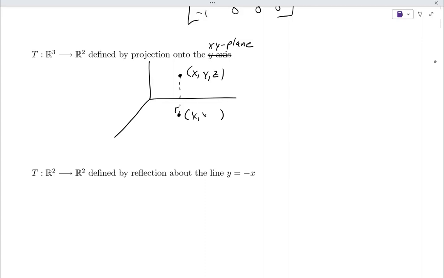X, Y, 0. Good, yep. So this would mean that your transformation would be x, y, 0. That's what it says to do, right? Project onto the xy plane means drop it straight down. Can we figure out what the matrix is here? What size will it have, to start with?